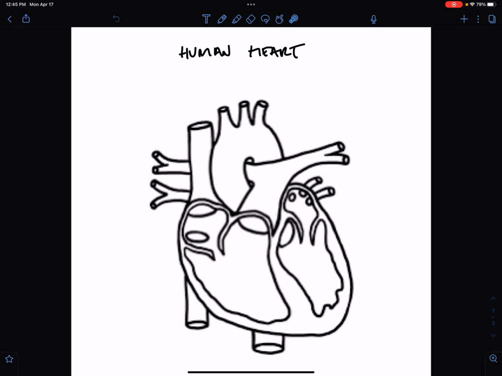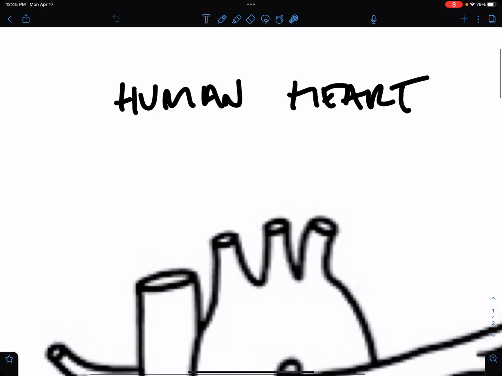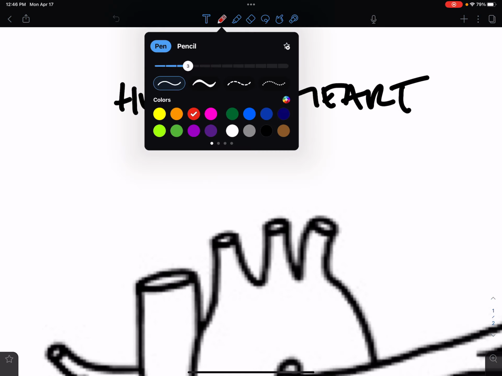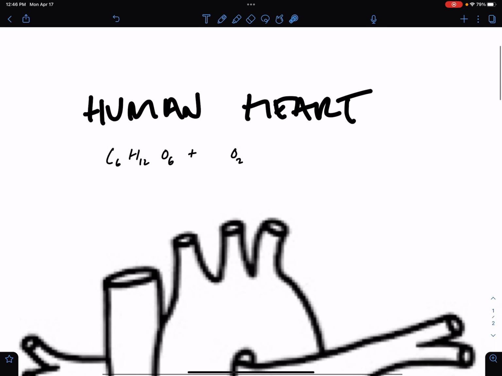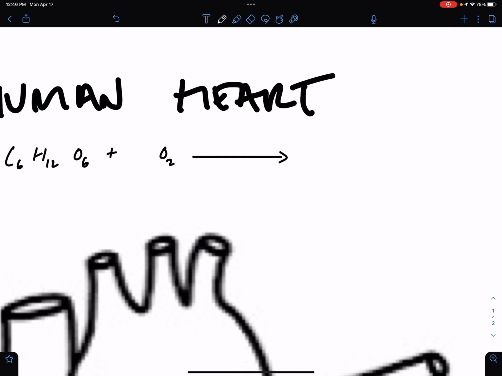So you all know that in every cell in your body, you are performing cellular respiration. The unbalanced chemical equation is C6H12O6, or glucose, that you all know and love, and oxygen. Remember, oxygen is the acceptor of the low energy electrons at the end of electron transport phosphorylation, and this is producing CO2 and H2O.